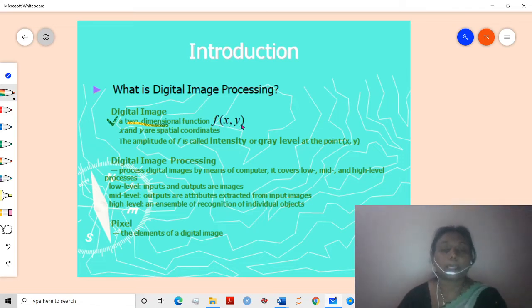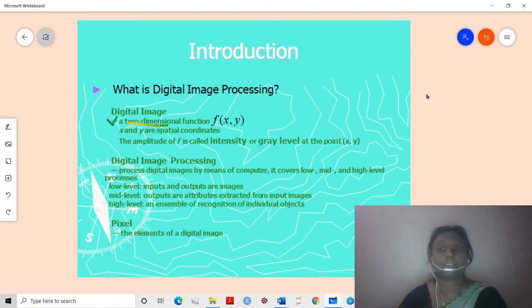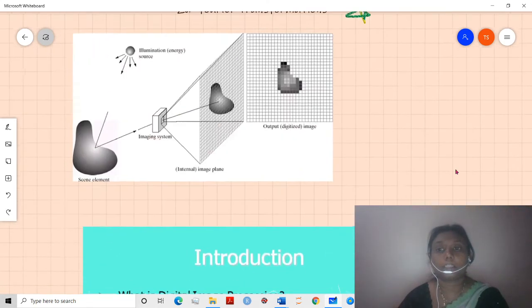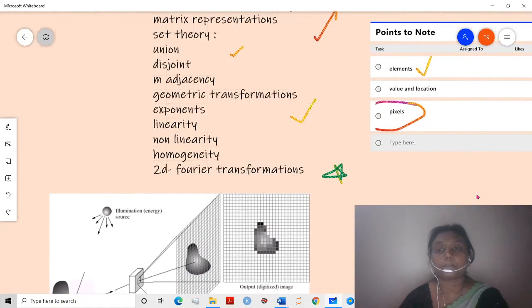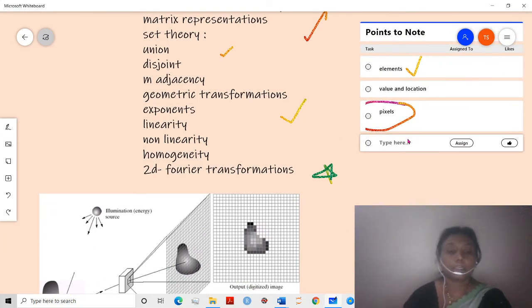What are those characteristics? Here we are using some measure of the characteristics of the image. What are we measuring within the image as a two-dimensional function?